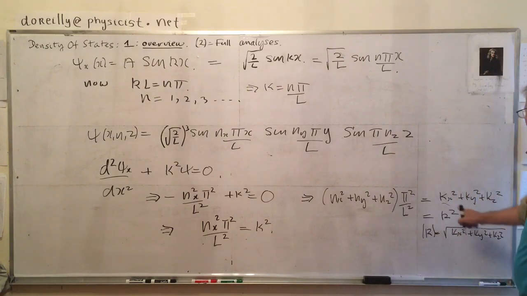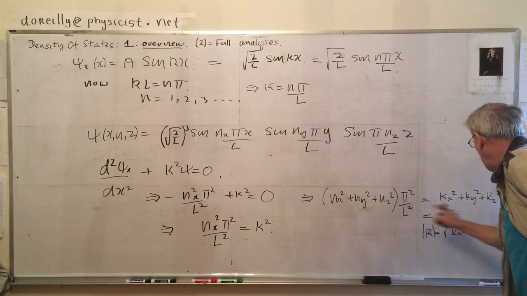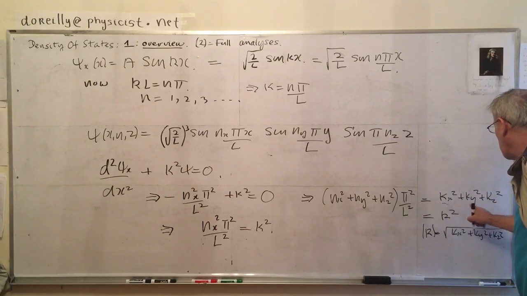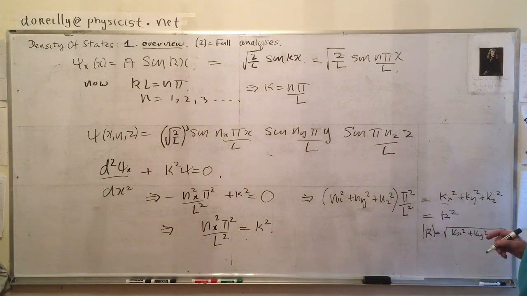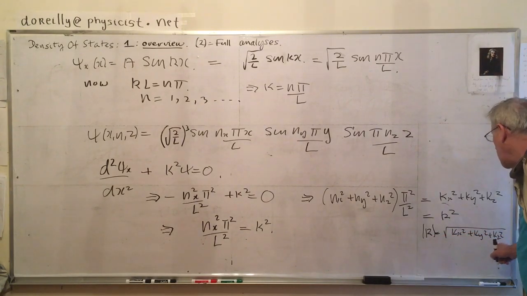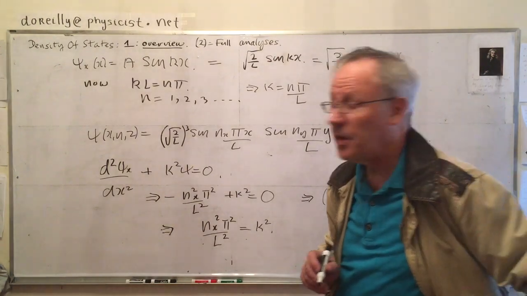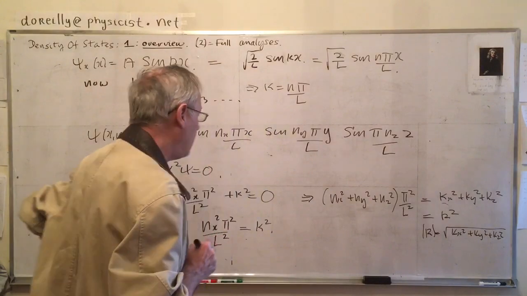Okay, so we're going to get the x function, the y solution, and the z solution, giving me kx squared plus ky squared plus kz squared, which I'm going to call k squared. It's a scalar. So the absolute value of kx squared plus ky squared plus kz squared is that length. And what is it the length of? It's the radius of a sphere. So let's look at that sphere now.